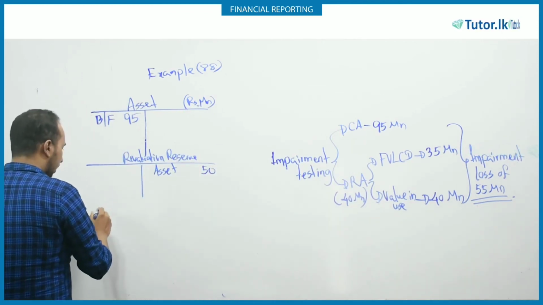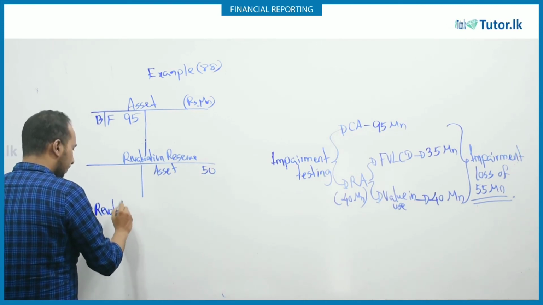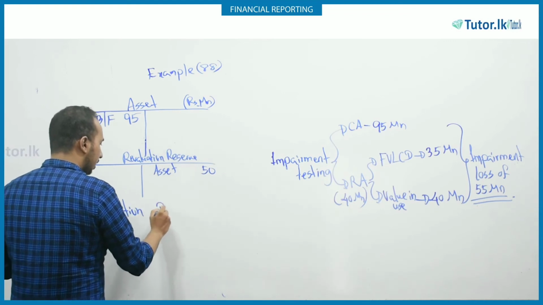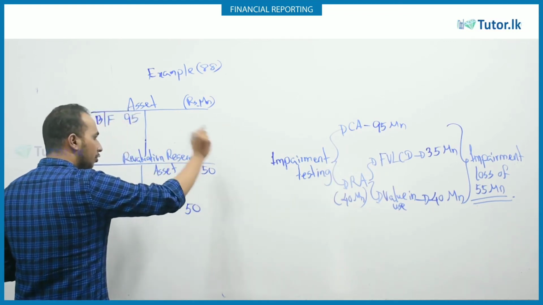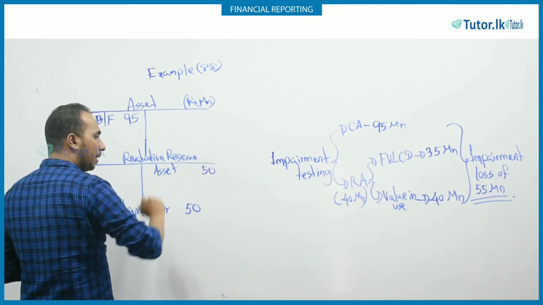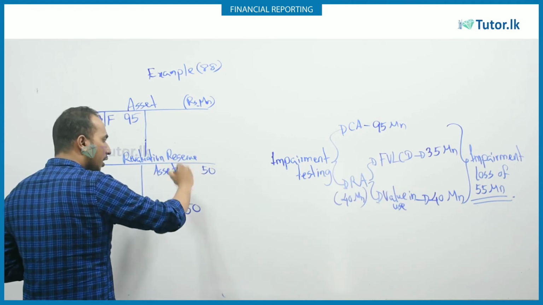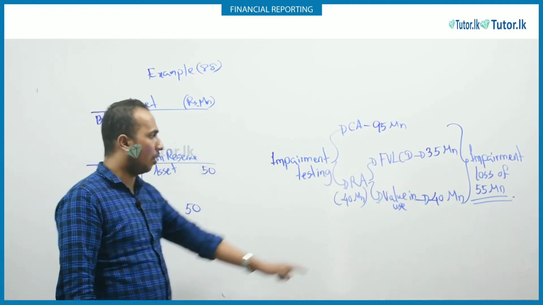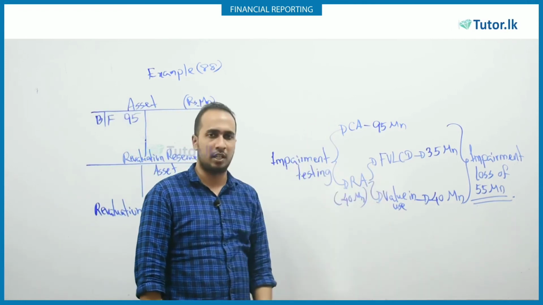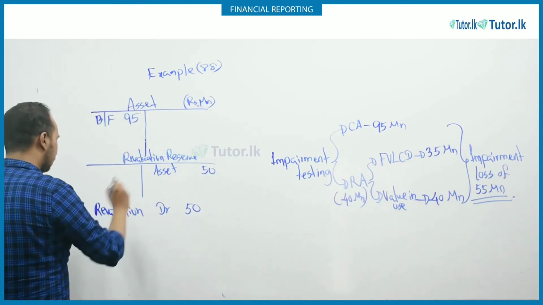So the double entry would be: revaluation account debit 50. That means I am utilizing this reserve to absorb that impairment loss. But total impairment is 55 and my reserve is 50. Therefore, using this reserve, I can absorb only 50 of the impairment loss. The remaining 5 has to be charged to profit or loss as an expense.